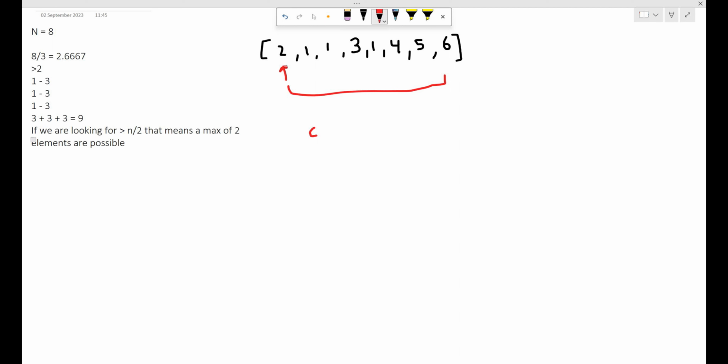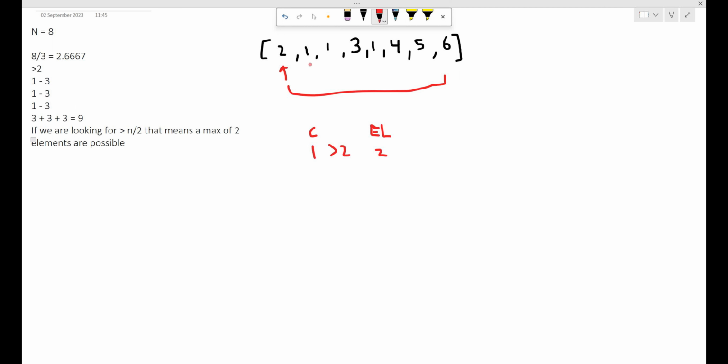If I start with 2, I will start looking for this 2. The first element is 2, so the count will be 1. Now I will look in the whole array. Is 2 there? No, no, no, no, no. So the count of 2 is 1, and I'm looking for counts greater than 2, right?